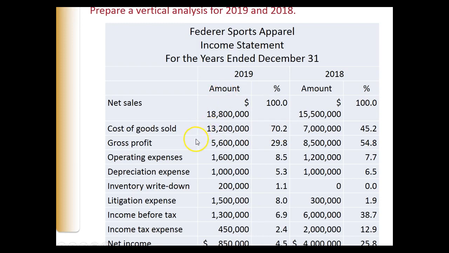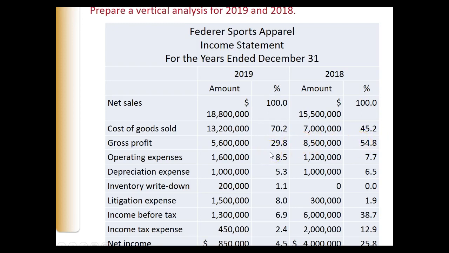We would get that by taking the $13,200,000 and dividing it by $18,800,000. Gross profit's then done the same way. So the gross profit of $5,600,000, divide that by $18,800,000, gives us the 29.8%. You see, in 2018, the gross profit margin was much higher than it was in 2019.